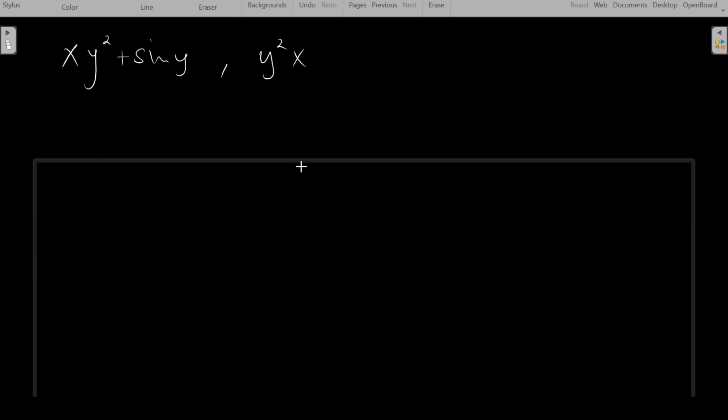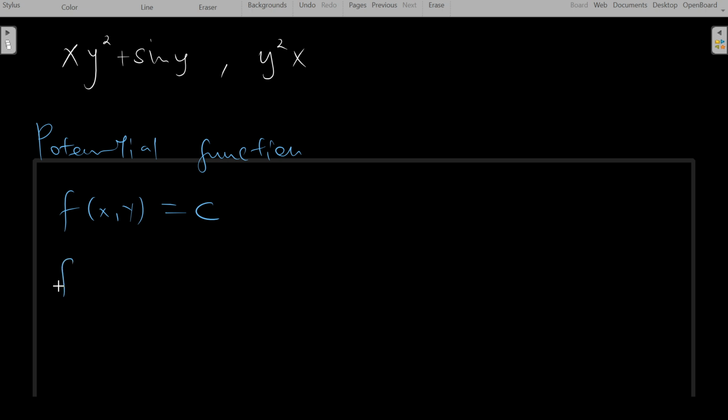For us to get our potential function, which is our original function that had been differentiated using implicit differentiation to get the derivative we are working with, f of x, y should equal a constant.